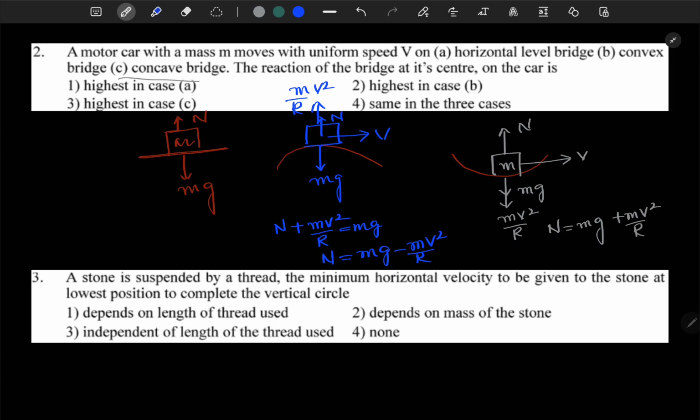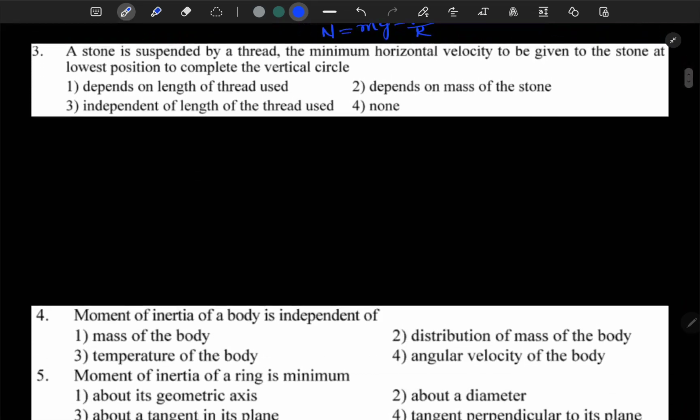So the reaction of the bridge is highest in case C, which is option C. Let's move on to question number 3.